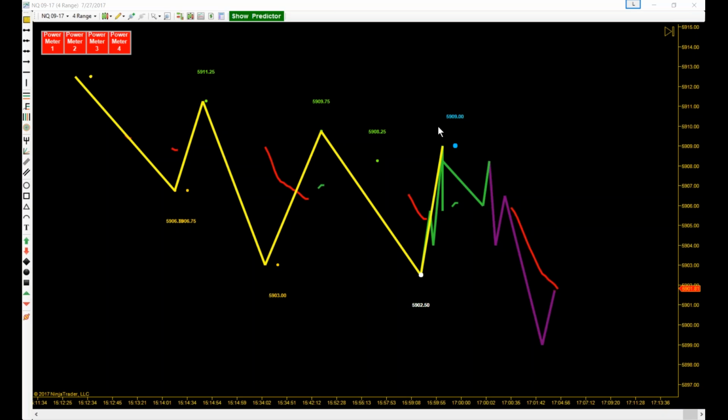But with this new Stealth Trader, you can do away with quite a bit of that. It's pretty obvious if you have a high, a low, lower high, lower low, lower high, lower low, that we're pretty much in a downtrend. That's obvious.